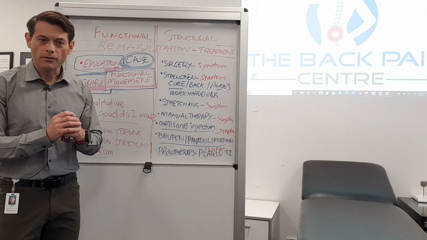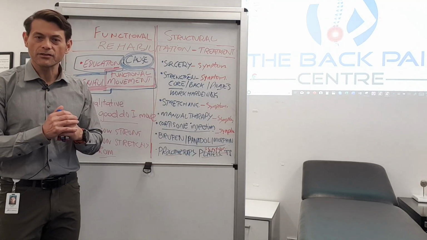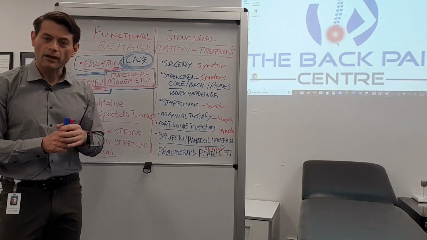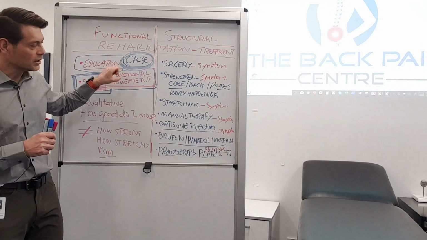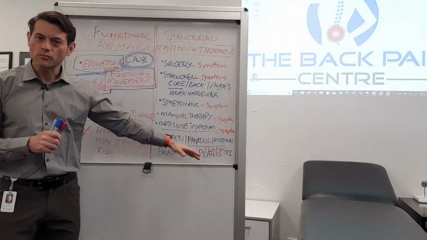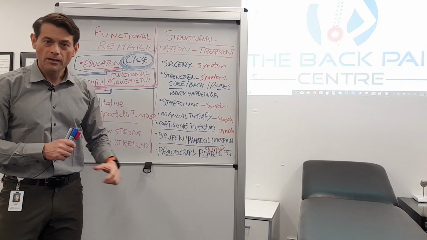Okay, so I hope that makes some sense to you. If you're going to be successful in managing your back pain, you have to have management strategies that focus on causation in conjunction with the appropriate management strategies that focus on symptoms.